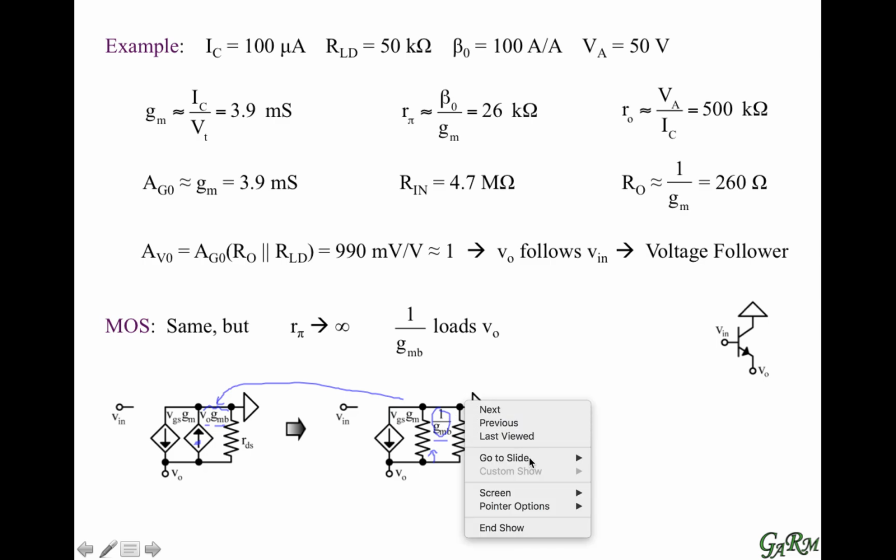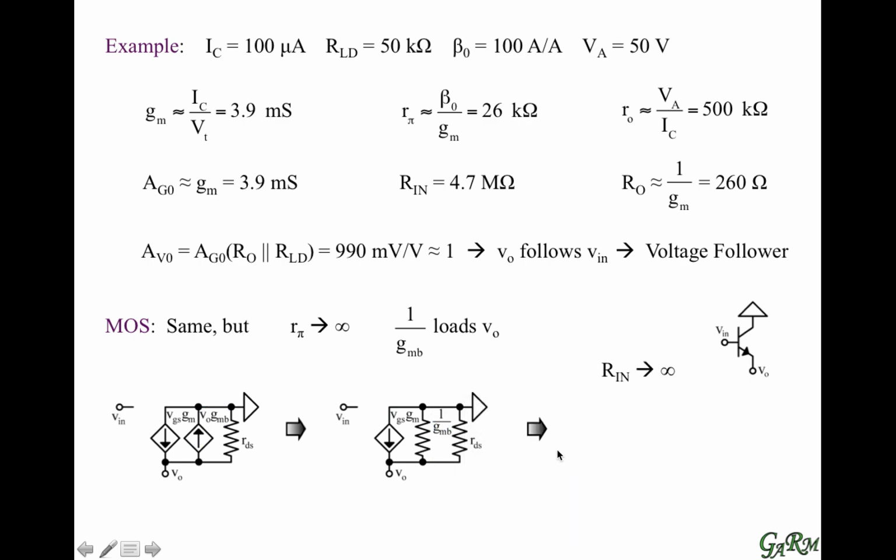So if we remove all markers here, when we look at the equivalent two-port model, when we look at the original equivalent input resistance, it was R pi plus some other terms, but R pi now tends to infinity, so the input resistance will tend to infinity. Then we have the short circuit transconductance.